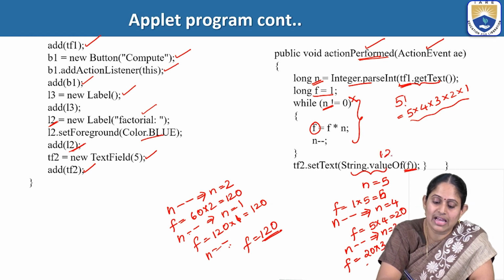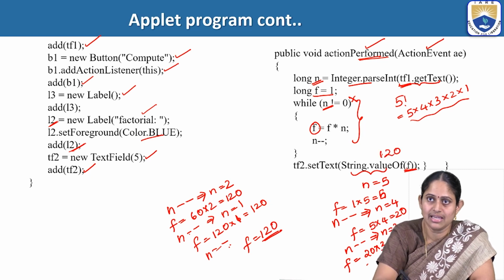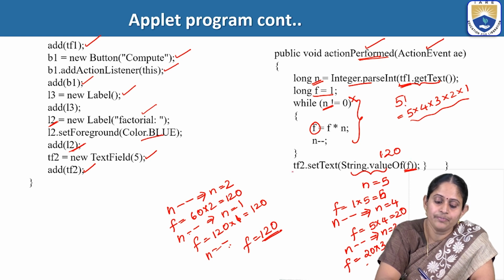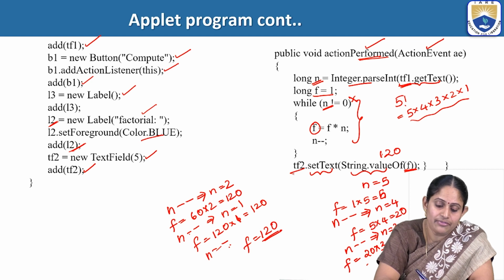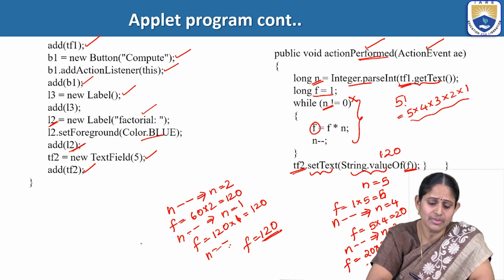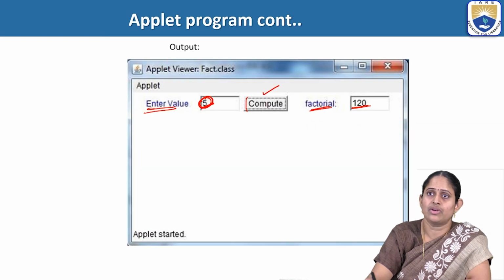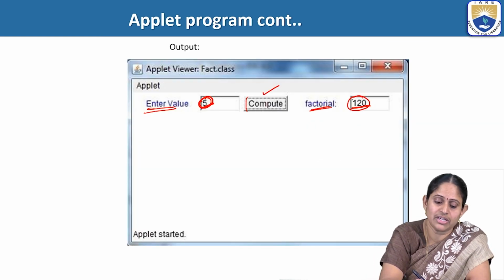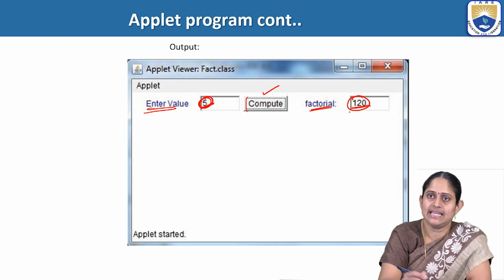It takes the value 120 as a string, and that 120 value is stored into the text part of this field tf2. tf2 is our text field which will be storing the value 120. So this 120 is written onto this text field.